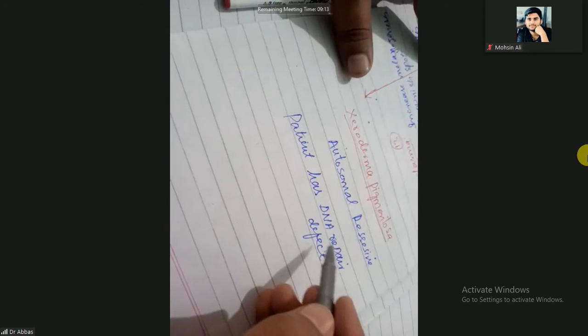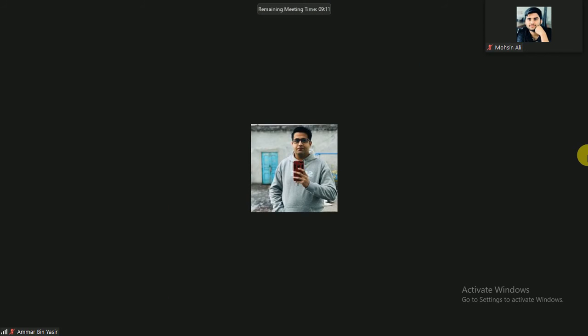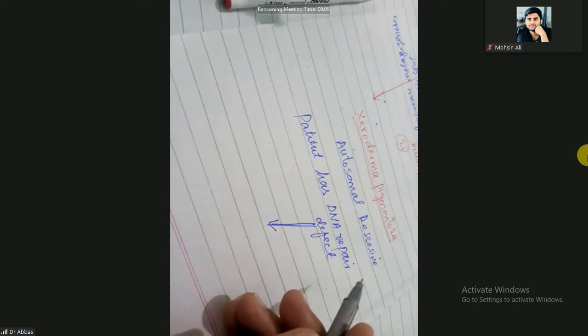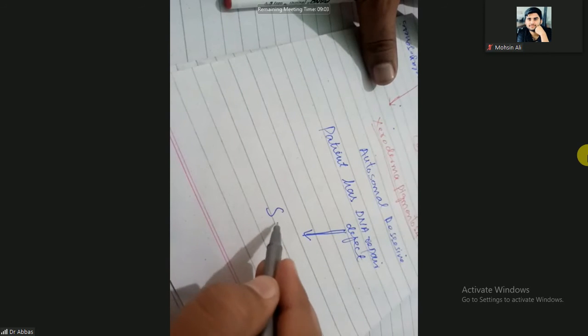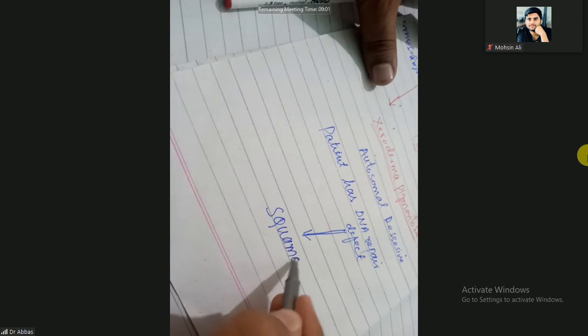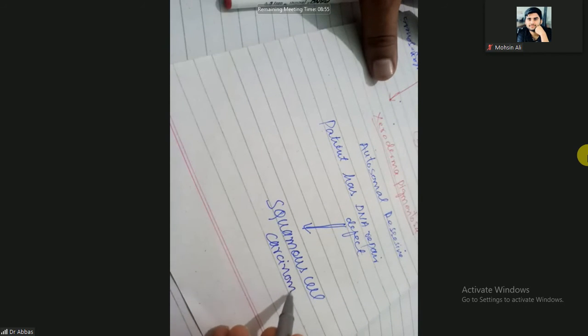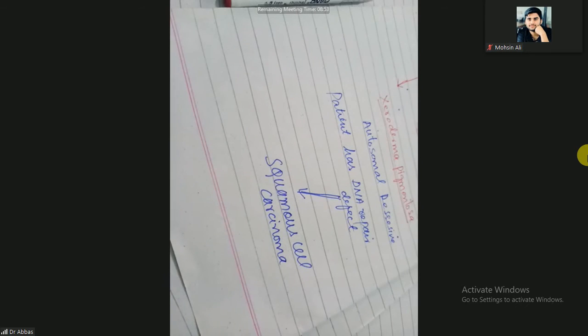So when there is a DNA repair defect, these freckles can advance and change into cancer, and that cancer is the squamous cell carcinoma. When a person comes to you and says she has a doubt that she has squamous cell carcinoma, you will ask her, have you ever had freckles on your face before?